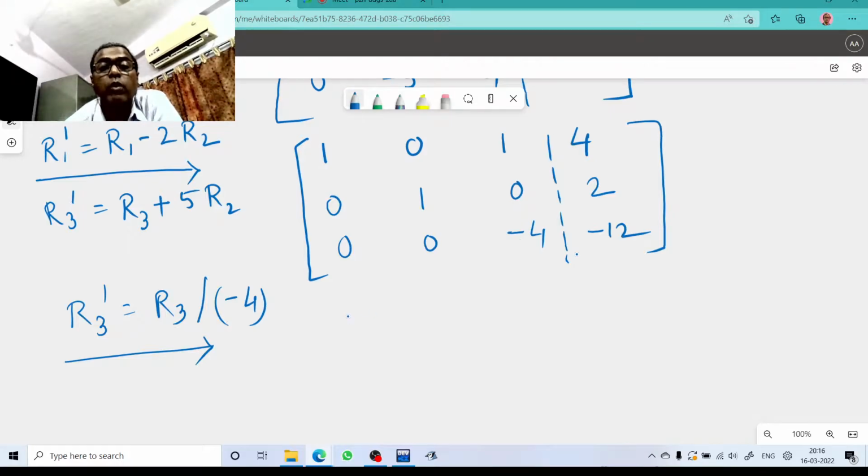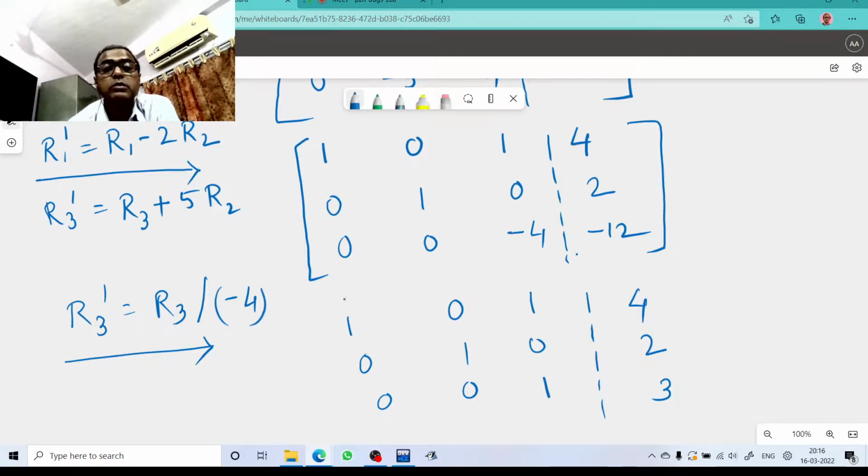So 1, 0, 1, 4, 0, 1, 0, 2, 0, 0, 1, 3. So this is 1, 0, 1 in the third column.